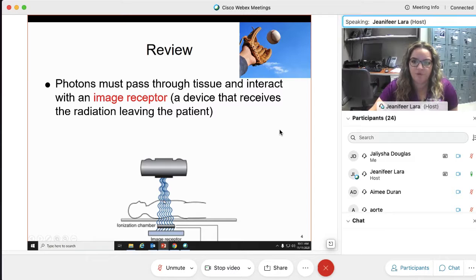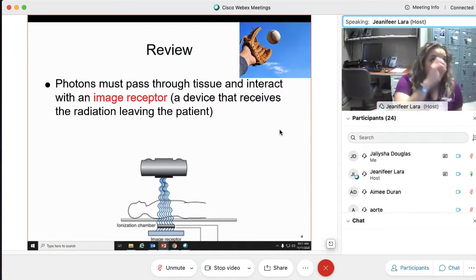We know the symbol for photons, correct? You guys are writing, and I want you to be listening. This all information is in your book. The image receptor is the device that is going to capture. But we know that the primary beam has many photons at different energy levels. What is the average energy level of the primary beam at 100 kVp?